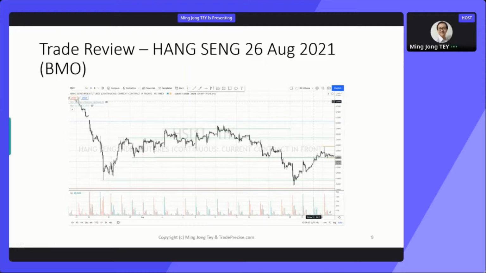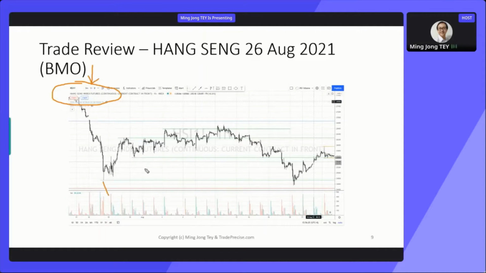So I would like to give you a few more examples. That's why I chose this trade review from the Hang Seng Index. First of all, this is based on day trading. Usually what I want to do is get a holistic view, so I put up the hourly time frame, H1, and draw some lines.